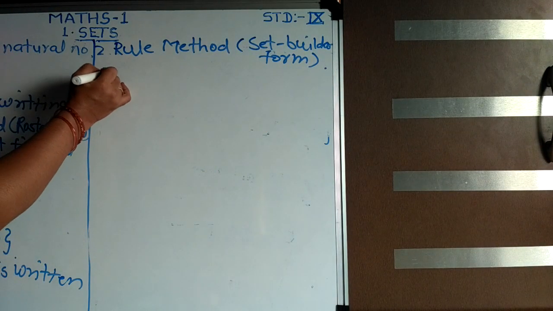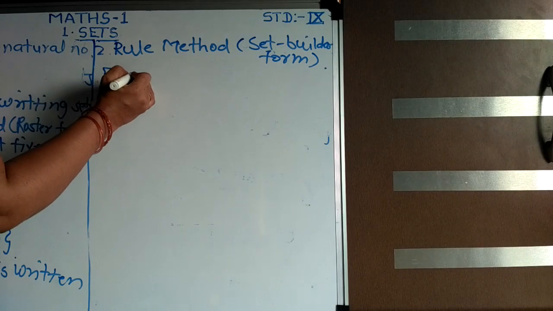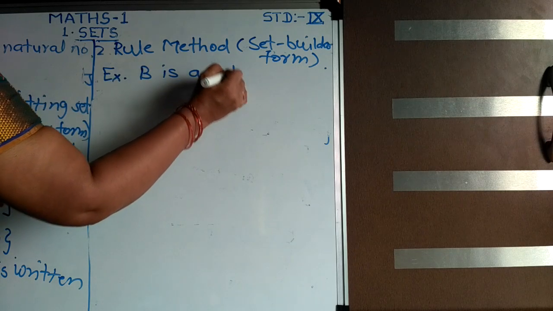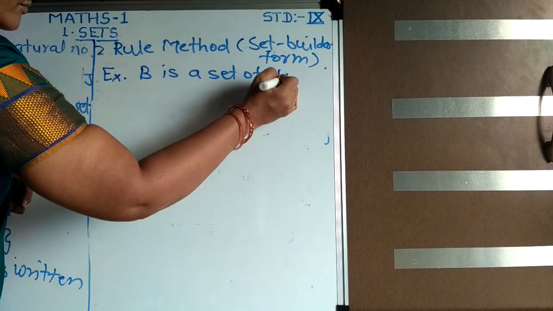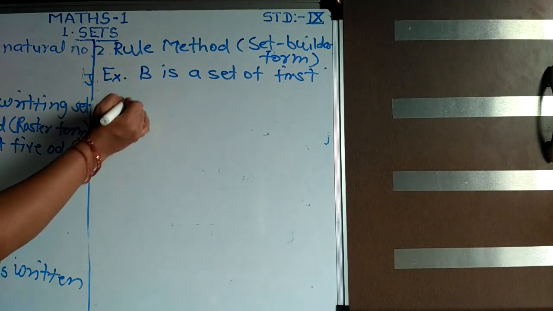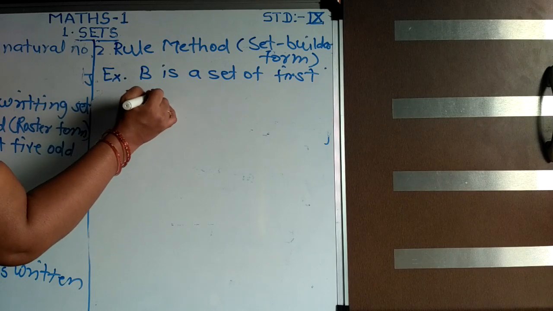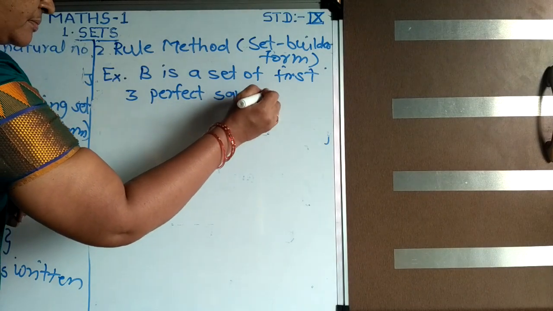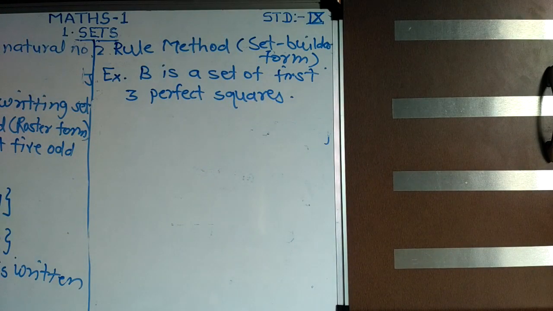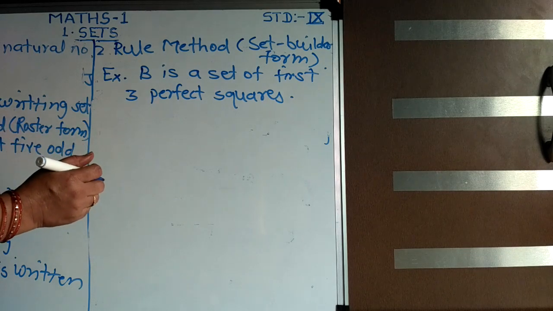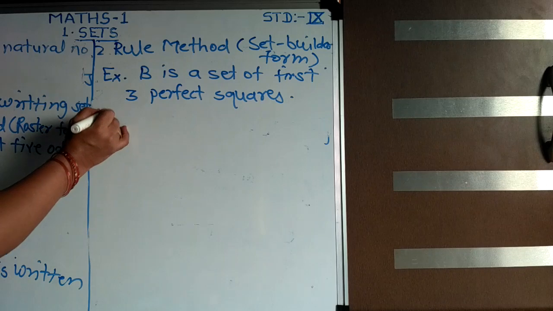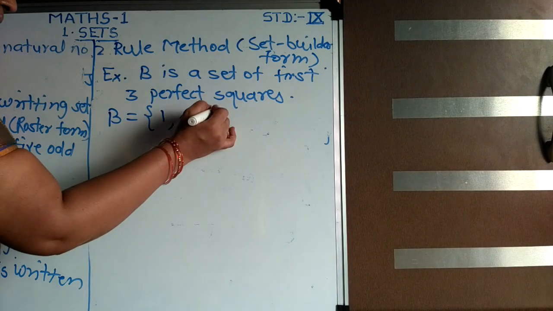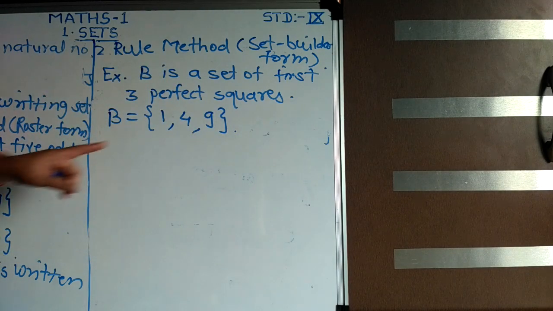For example, B is the set of first three perfect squares. Which are the first three perfect squares? B is equal to 1, 4, 9. Numbers which are perfect squares.